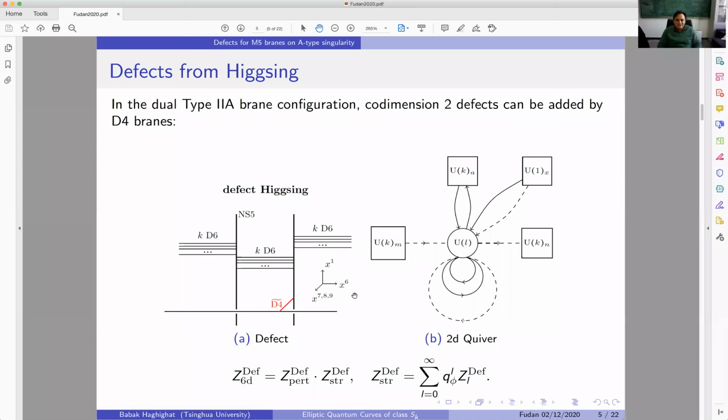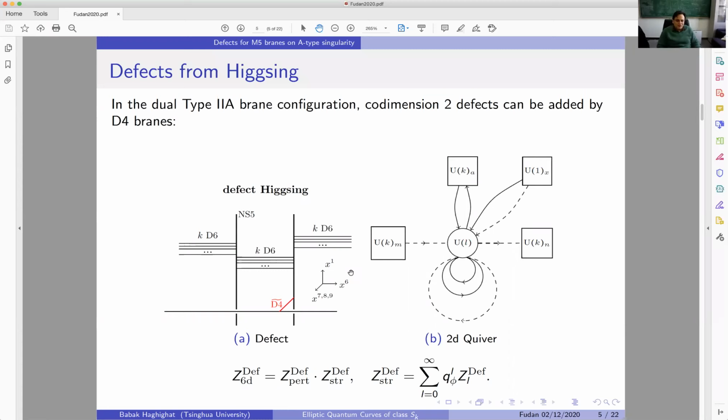And this is then the brane setup giving rise to the same theory. In this setup, we can easily characterize the defect and also compute it. Namely, the way it arises, these are Higgsing defects.